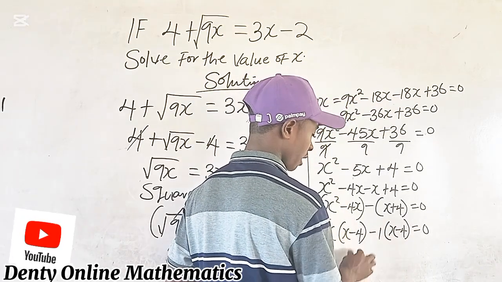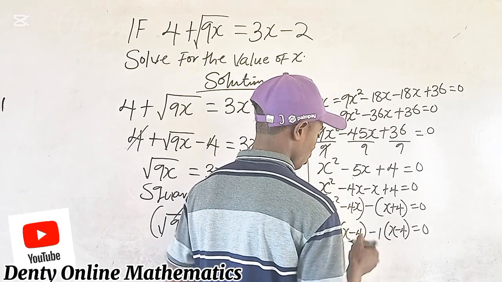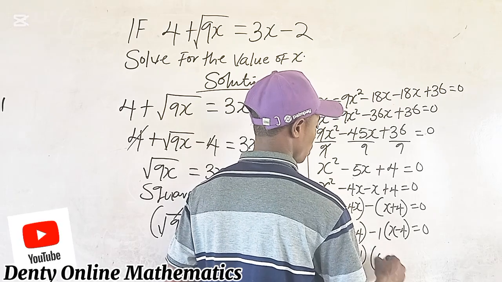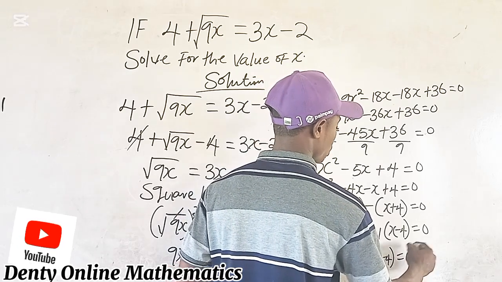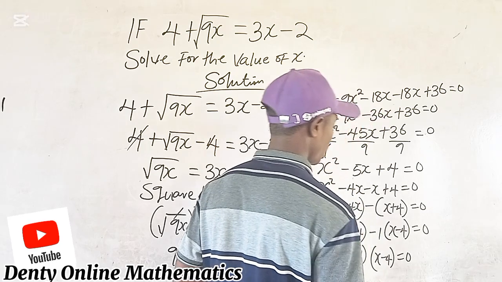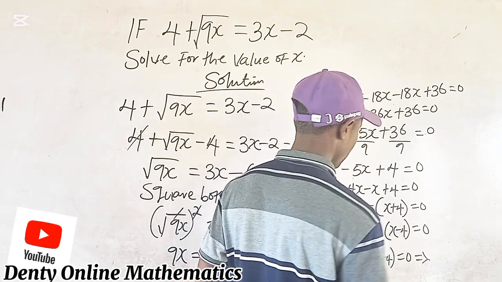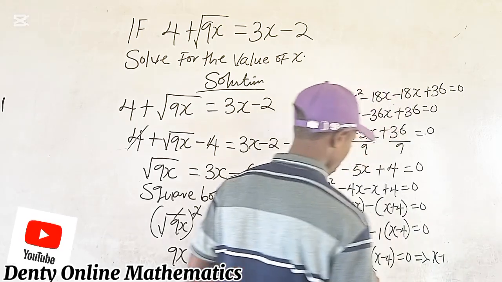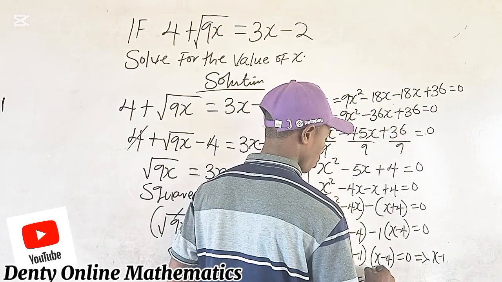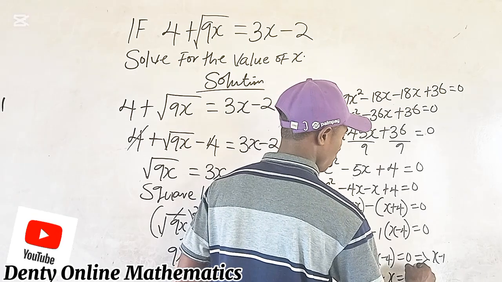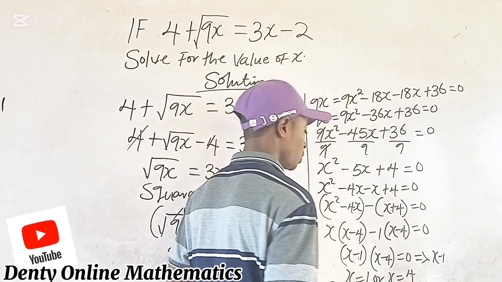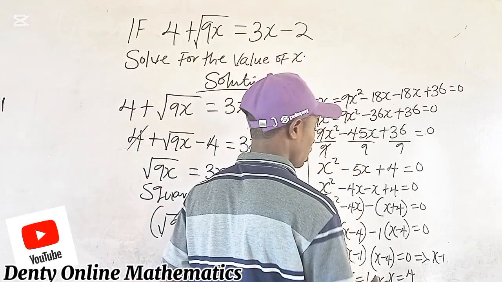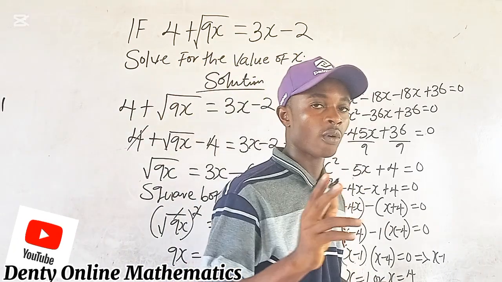We have the same bracket here, so you pick these two outside the bracket, and pick 1 here, equal to 0. This implies that x will be equal to 1, or x will be equal to 4. So the value of x that will satisfy this equation is 1 and 4.